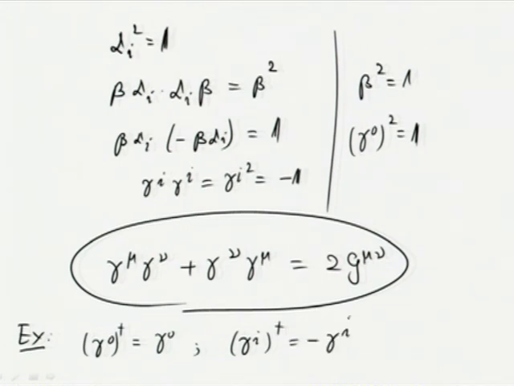One thing that I had not mentioned, but is somewhat obvious the way we had written, is that i runs from 1 to 3, whereas the Greek indices run from 0, 1, 2, 3 in four dimensions. So this is another property, the hermiticity. I will leave it as an exercise for you. Please check that.